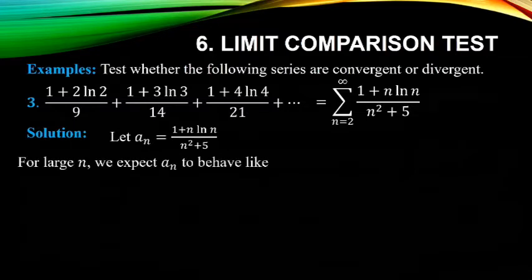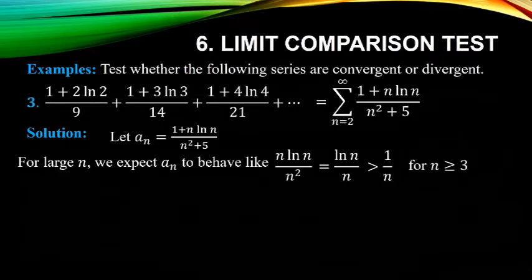For large n, we expect a sub n to behave like n ln of n over n squared, since we disregard the smaller valued terms, the constant 1 and constant 5 in the denominator. We can cancel n in the numerator and denominator, so this is equal to ln of n over n, and that is greater than 1 over n, which is the harmonic series, for n greater than or equal to 3, since you start with n equal to 2 in the a sub n.